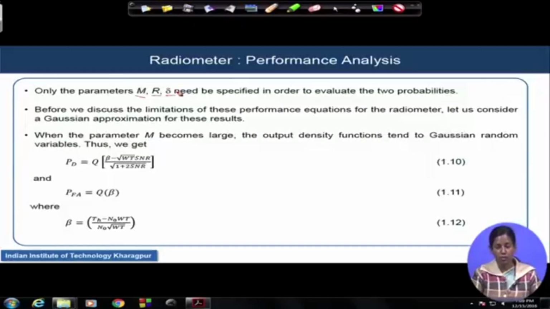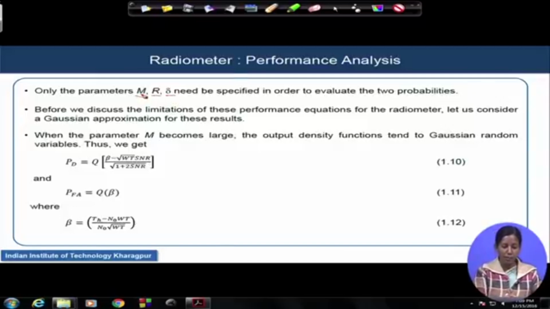If you know these three parameters, we can calculate the two probabilities PD and PFA. There are several limitations related to the calculation of these radiometer parameters, but let us go ahead with the Gaussian approximation a little bit more. These three parameters are sufficient to define your PD and PFA.